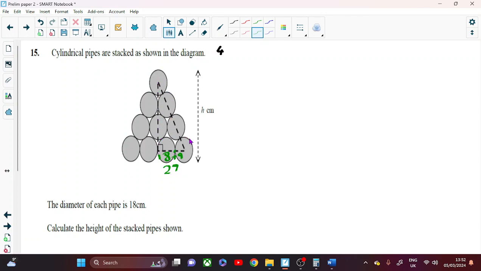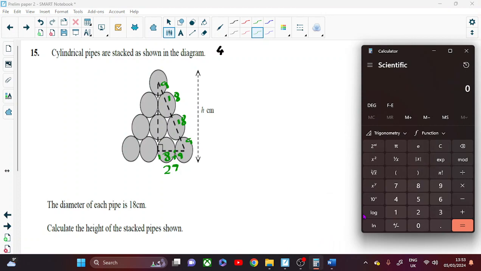That is a tricky one to work out, so we'll work out the hypotenuse here, because we've got a right angle triangle going on. So I've got a 9, an 18, another 18, and another 9. So that's 3 lots of 18, which I could work out in my head, but it's calculator paper. So I've got 54.